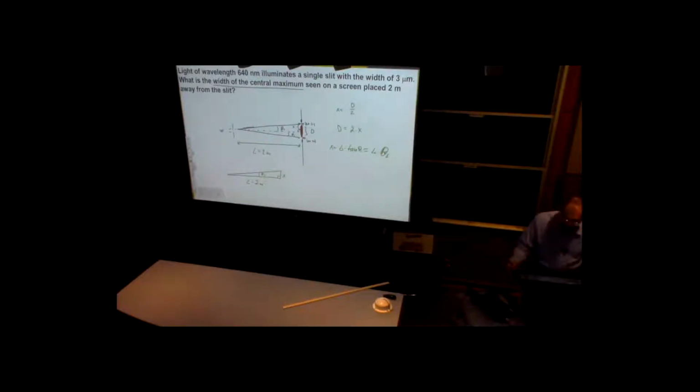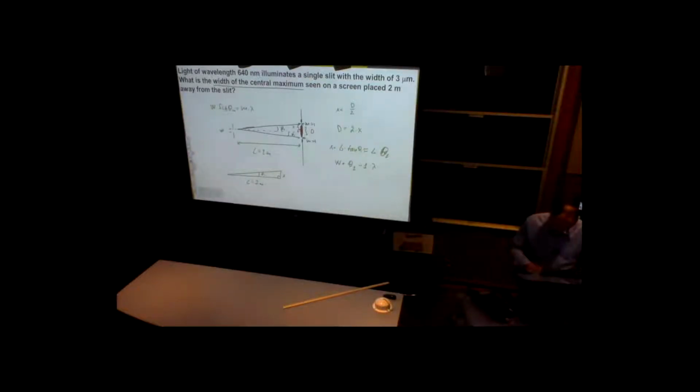How do we get the angle? Well, we can write an expression for the mth minimum and use it here. For the first minimum, again I used an approximation: sine of that angle will be equal to the angle if it's measured in radians.